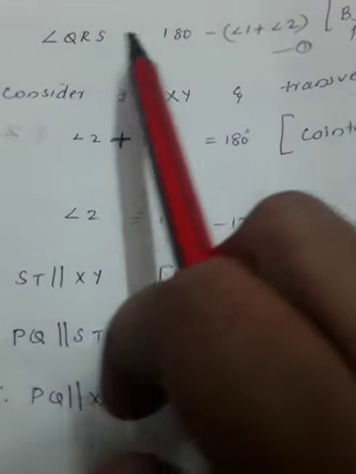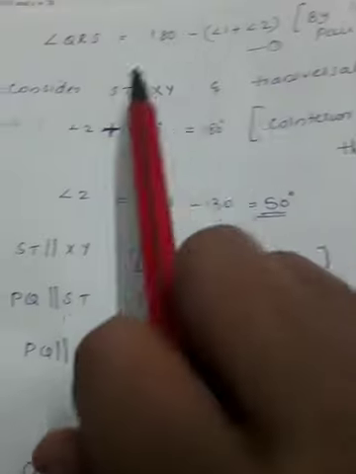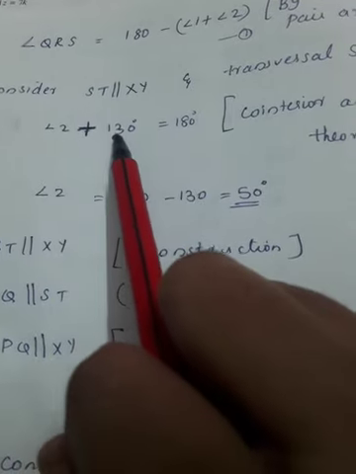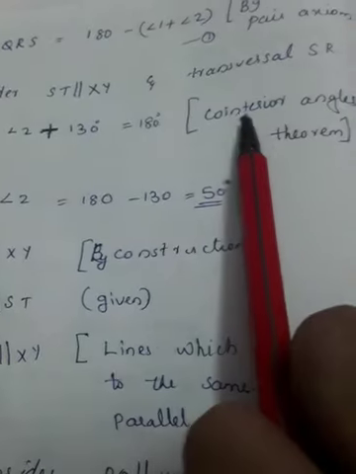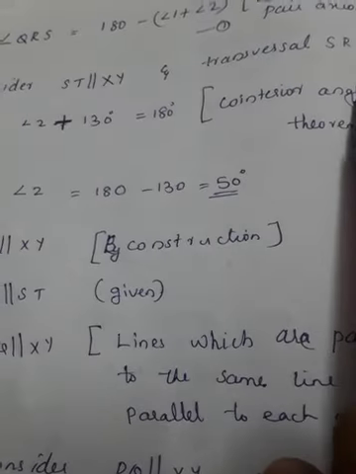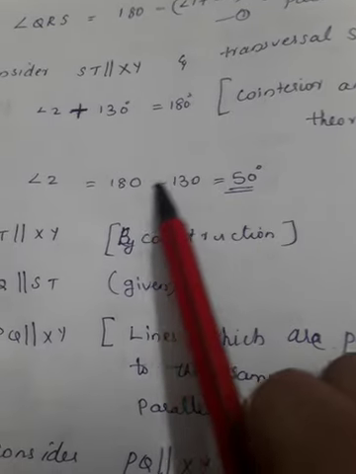So, here angle QRS is 180 minus angle 1 plus angle 2 by linear pair axiom. Consider ST parallel XY. So, angle 2 plus 130 equals 180. Why is it? By the co-interior angles theorem. Then angle 2 we got as 50 degrees by transposing.